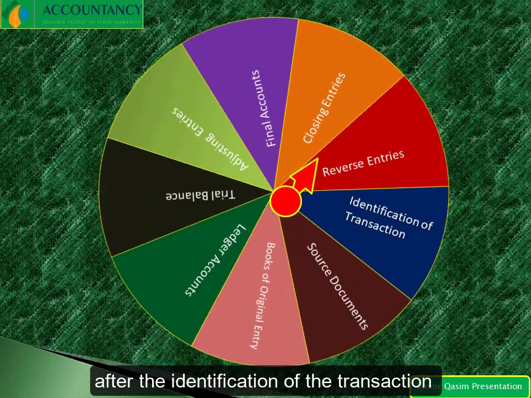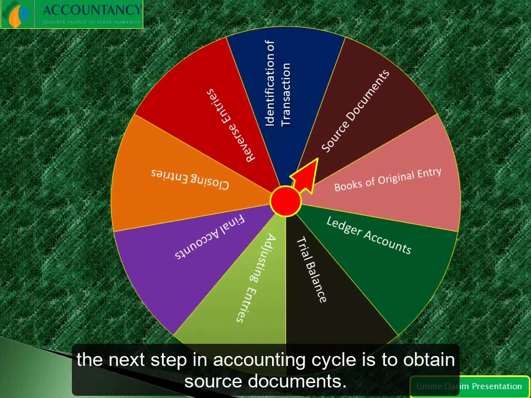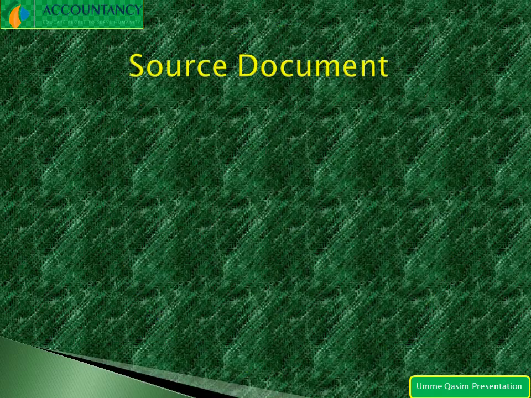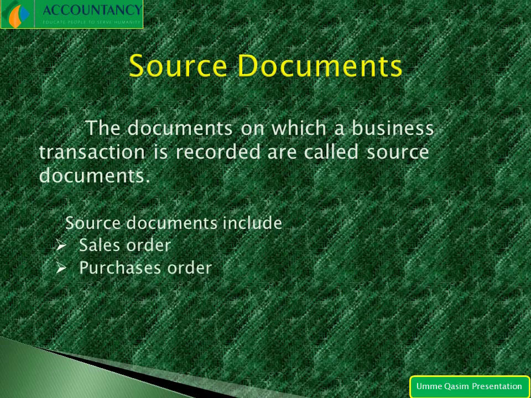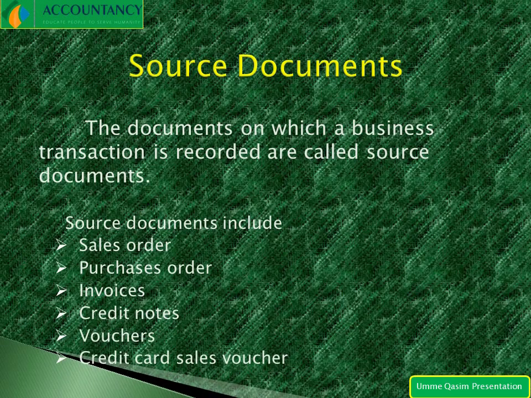After the identification of the transaction, the next step in accounting cycle is to obtain source document. Source documents. The documents on which a business transaction is recorded are called source documents. Source documents include sales order, purchase order, invoices, credit notes, vouchers, credit card sales voucher.